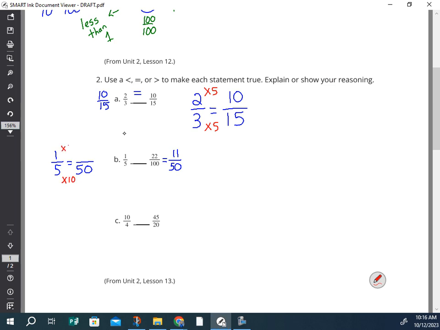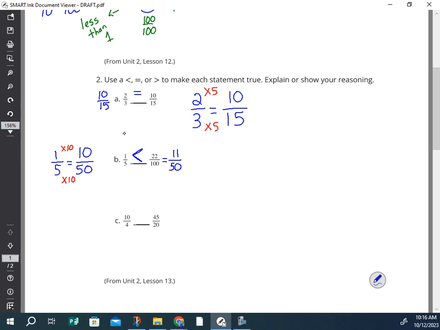So if I times this numerator by 10, I get 10/50ths. Oh, that 11/50ths is definitely bigger. So I'm going to use this symbol here.